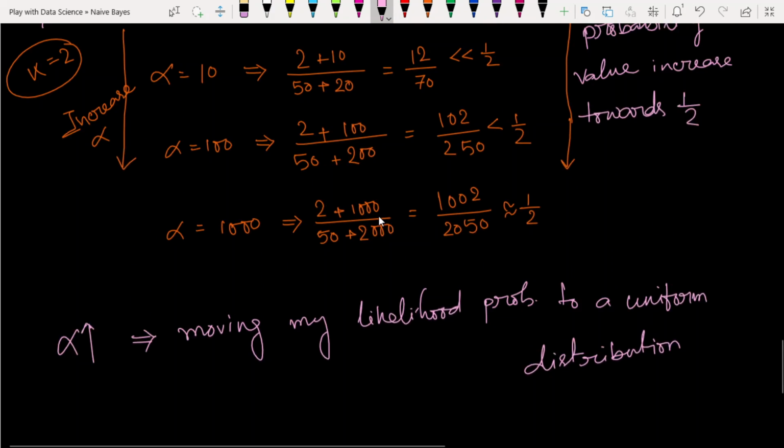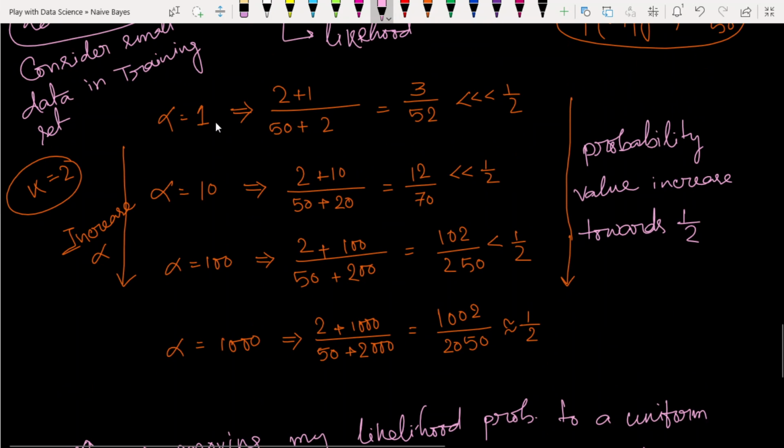These are all likelihood probabilities. We have seen that when alpha is equal to 1, this probability is so small.